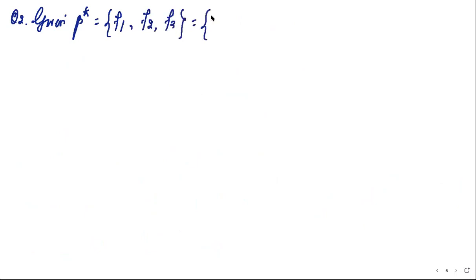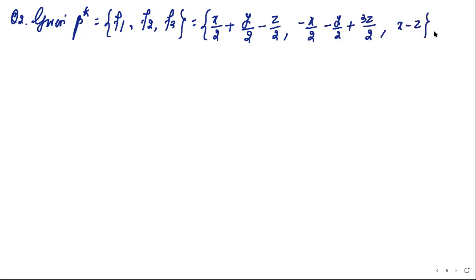So now our second question is, given beta star, which is equal to f1, f2, and f3, and containing these linear functionals x by 2 plus y by 2 minus z by 2, and minus x by 2 minus y by 2 plus 3z by 2, and x minus z.